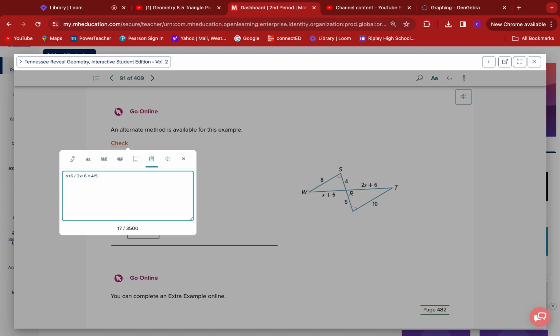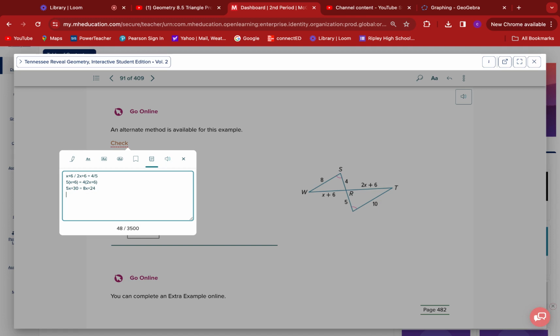We're going to cross multiply that. Okay, so we're going to multiply 5 times the X plus 6. And we're going to multiply 4 times the 2X plus 6. Distributive property, 5X plus 30 equals 8X plus 24.